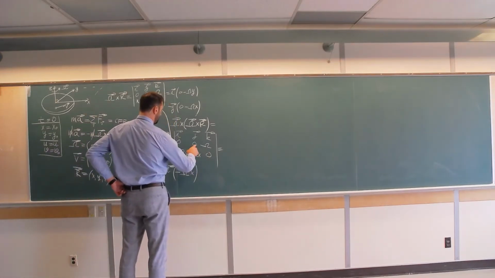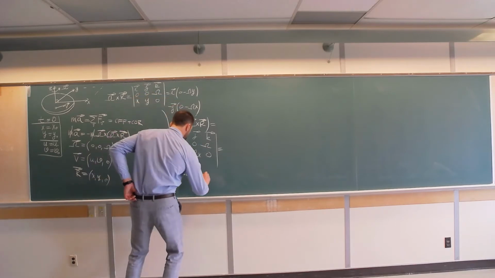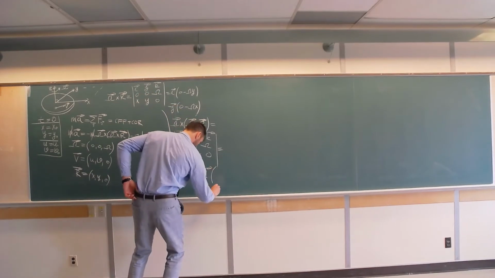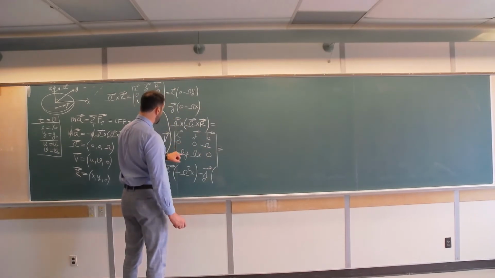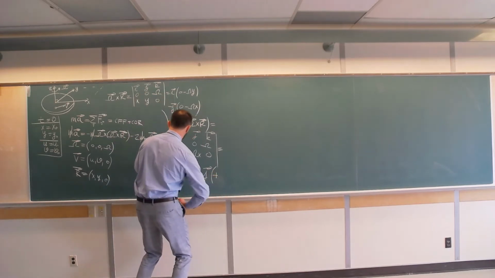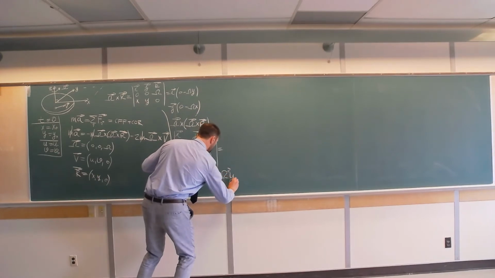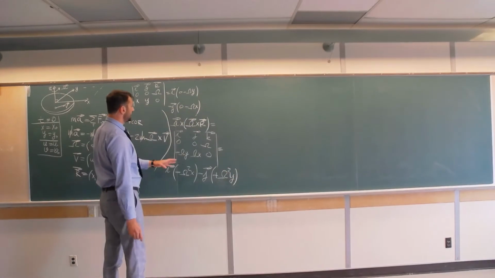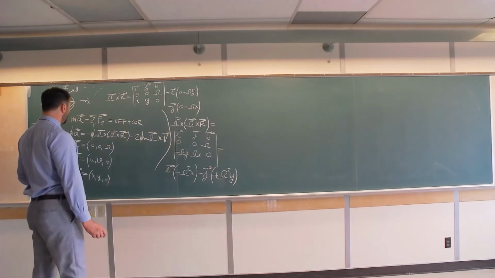So 0 minus omega square x. Minus j, here we have 0 minus, and this minus will give me plus omega square y. And again, there is nothing in the k direction. There is 0 minus 0. Okay?